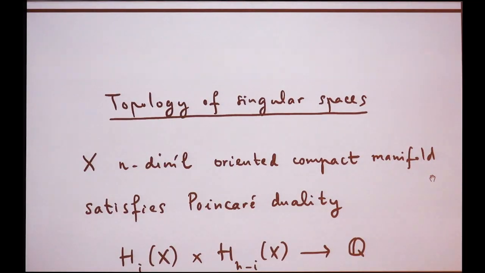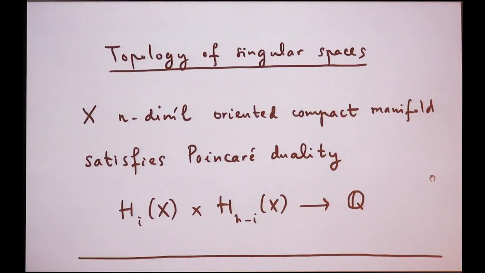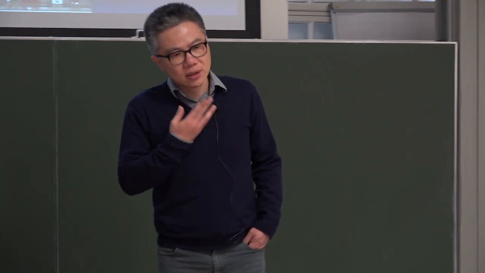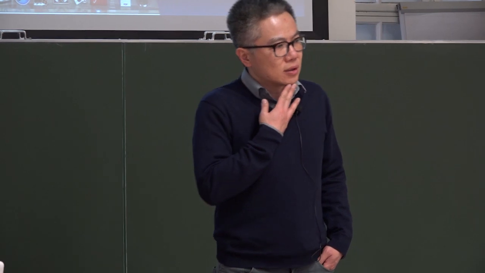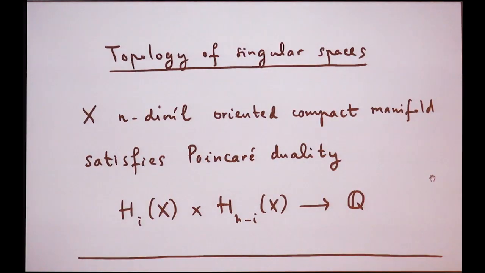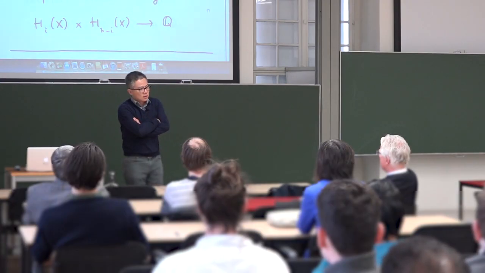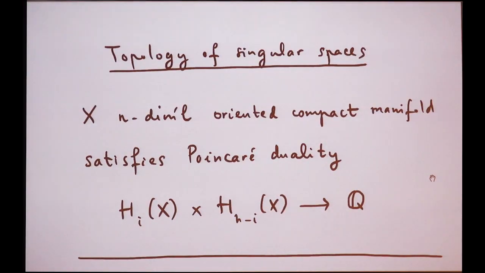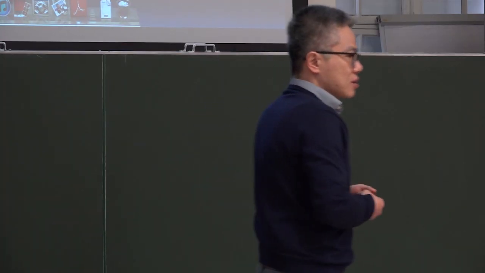First, let's start with a story about the topology of singular spaces. For regular spaces, there is the topology of manifolds that was created at the beginning of the 20th century. One of the main points in this theory is that for every manifold you can define some vector space, maybe a rational vector space, called the homology space, a finite dimensional vector space.